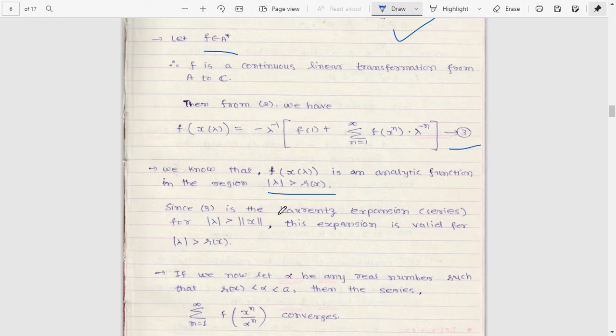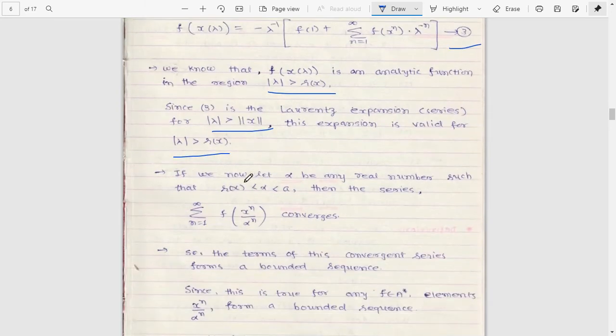Equation 3 is the Laurent expansion series, valid for mod lambda greater than norm x. This expression is valid for mod lambda greater than r of x.